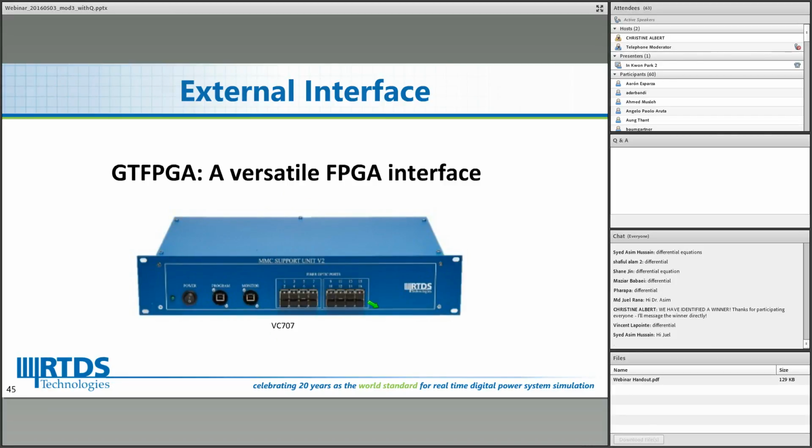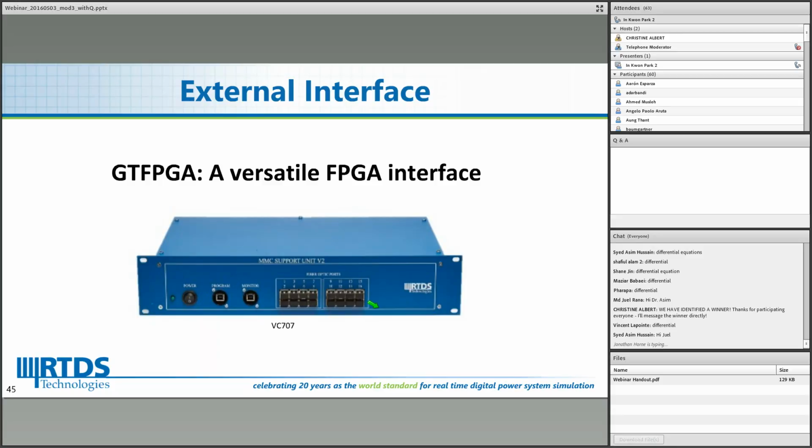And now power electronics applications are becoming more and more complex, and more and more signals have to be interfaced between your simulation and your external control. In such a case, the only way of transferring a large amount of data is by using high-speed fiber optic communications. And this interface, based on the MMC support unit, can accommodate such a requirement.